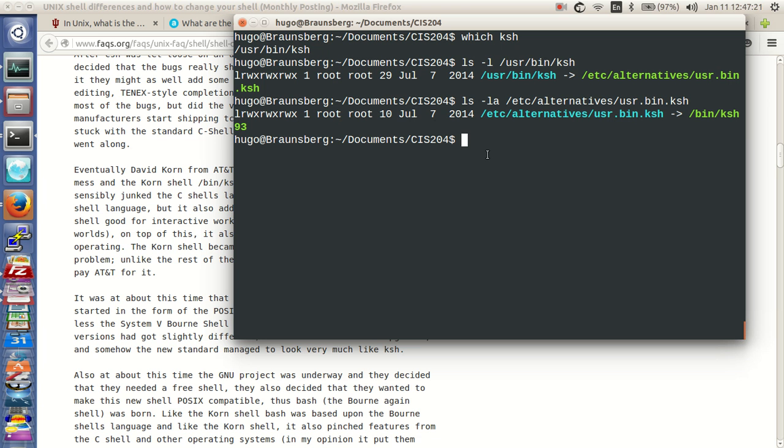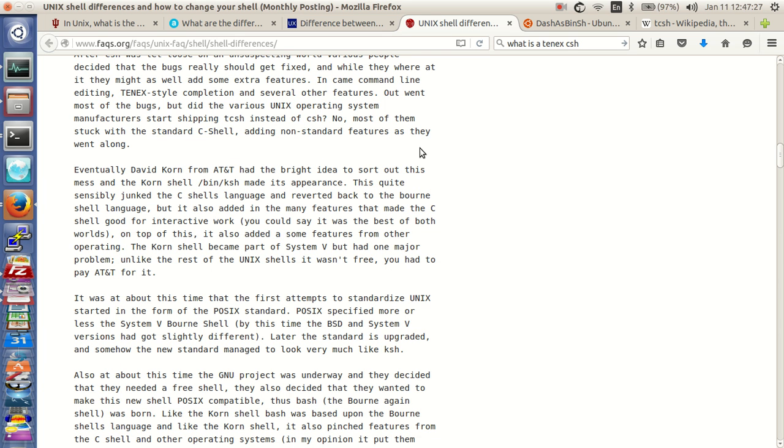So basically, I have an alternative version of K shell. It's a lookalike K shell. It isn't really a K shell, but it looks like one.